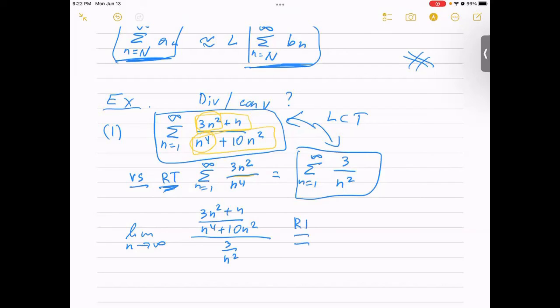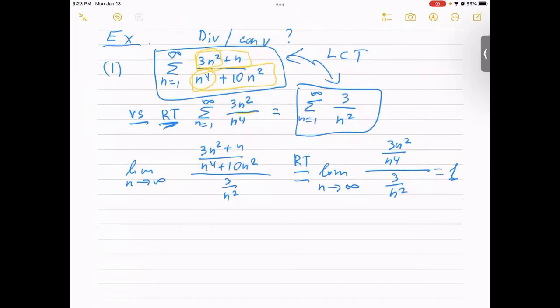For example, I will do the rule of thumb, and again say that the highest power dominates. So I'm going to get 3n squared divided by n to the fourth, divided by 3n squared, and after some algebra I'm going to get 1 at the end. The algebra is straightforward: 3n squared divided by n to the fourth, multiplied by the reciprocal, the 3 cancels out, n squared and n to the fourth, and we end up with 1.